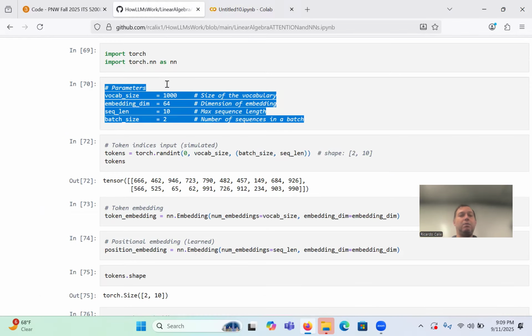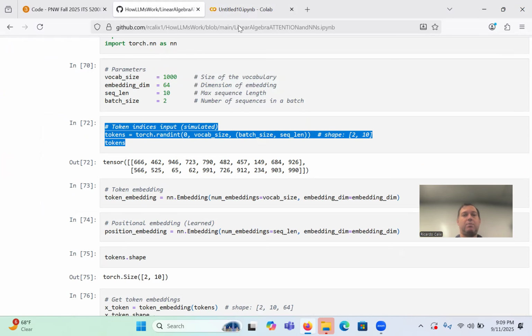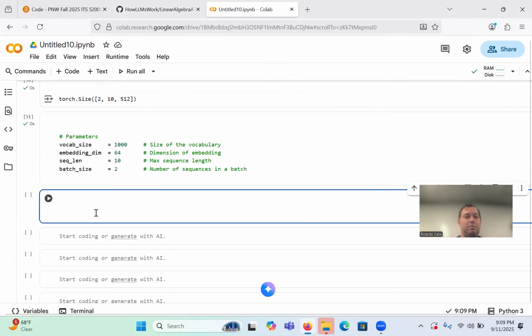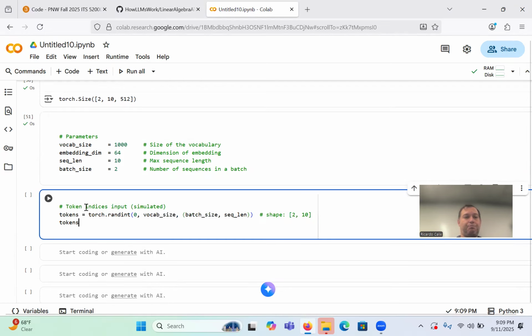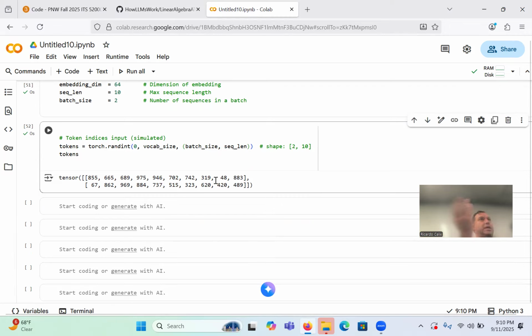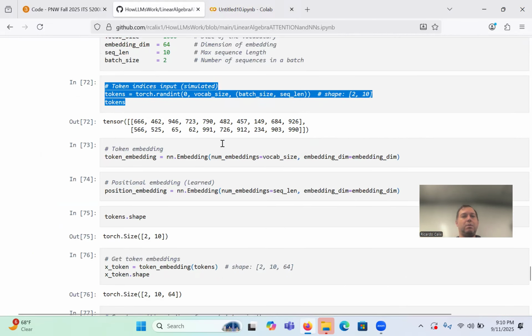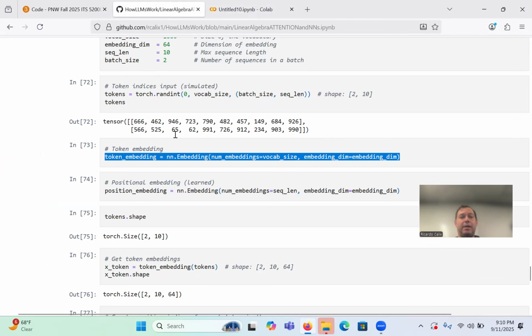All right, so now I'm going to create the tokens sort of randomly for now. See that? That's just the IDs, right? The cat is sleeping, converted into integers. Now I'm going to do two embedding layers.